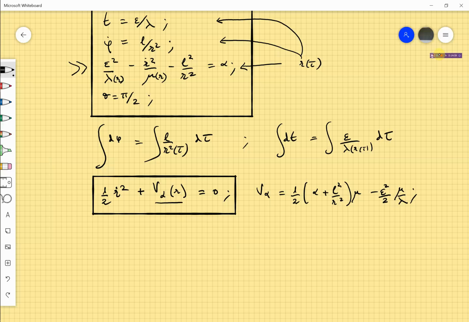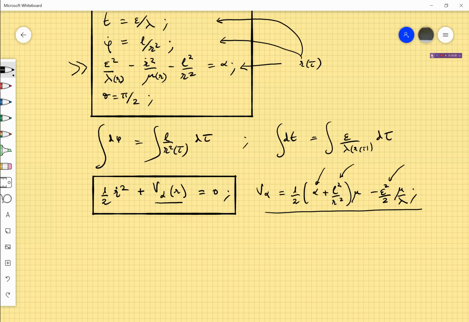And this is the equation that tells you that the total energy of the particle is 0, the kinetic energy plus the potential energy is 0, and the potential energy is given by this expression that depends on this integration constant L squared, on this other integration constant, and this value alpha, which depends on whether you consider massive or massless particles in your original problem.